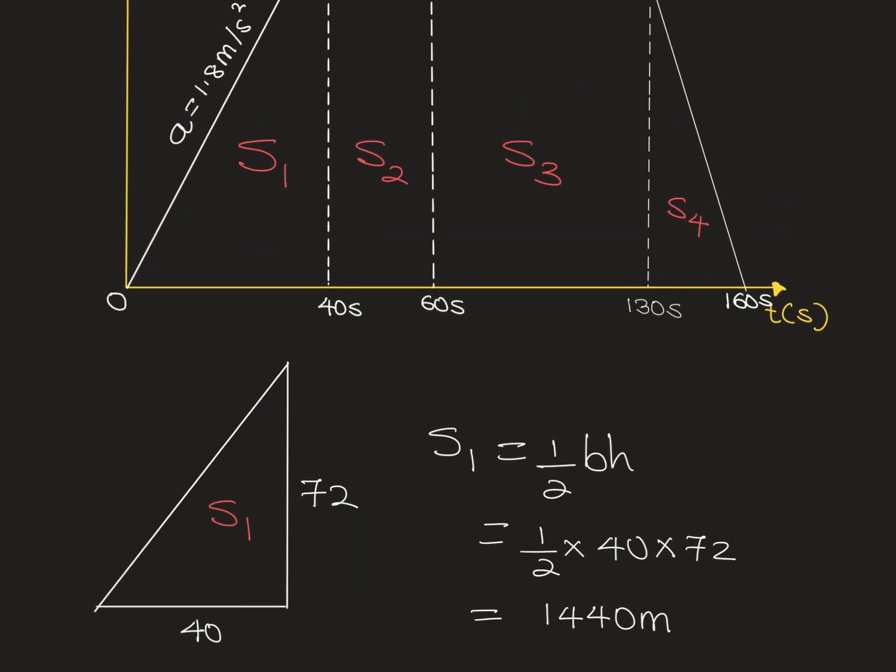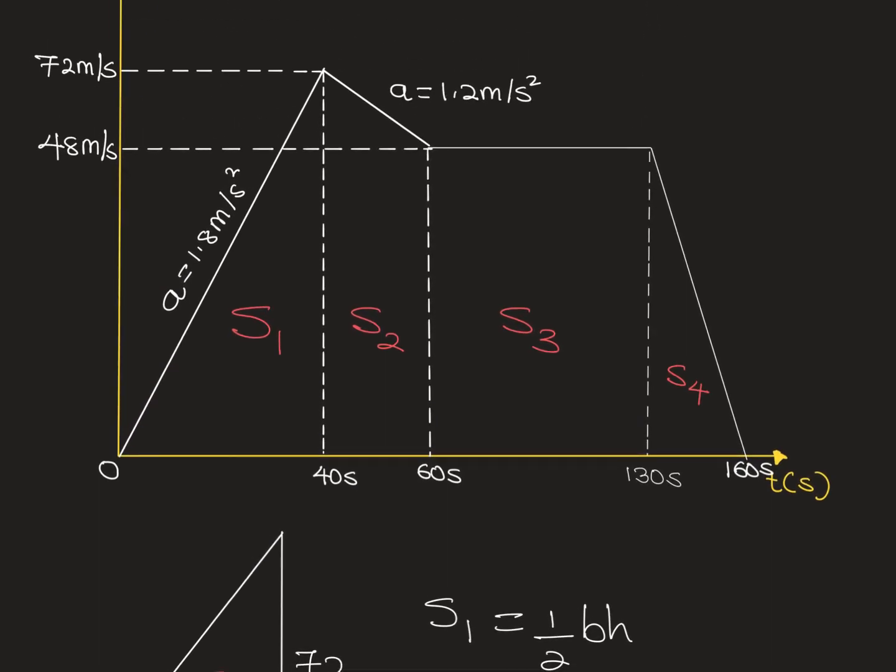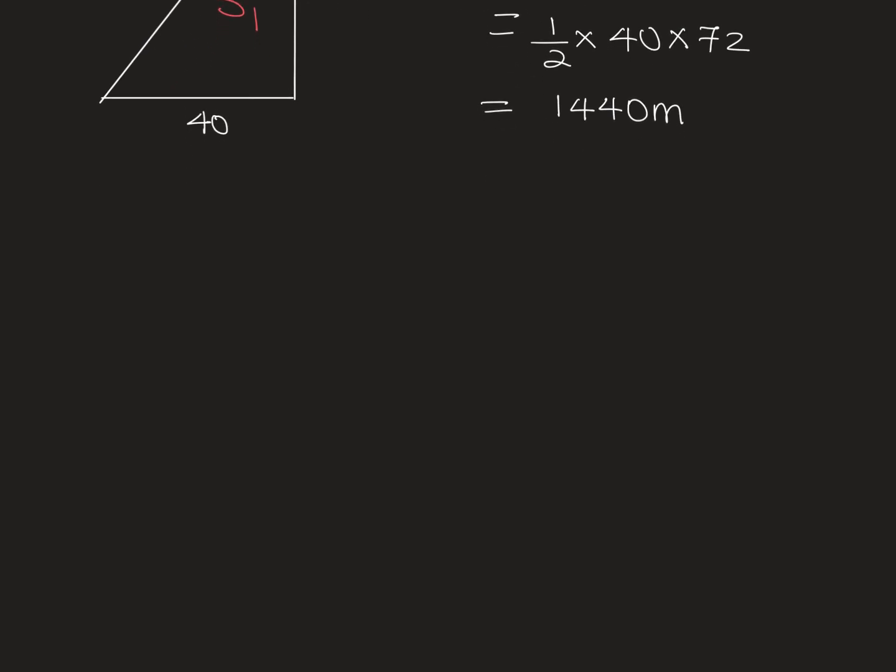To consider S2, if you look at it, it is a trapezium. So we're going to use the area of a trapezium to find S2. If I draw the shape again, this is how it looks.